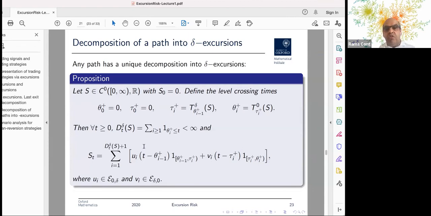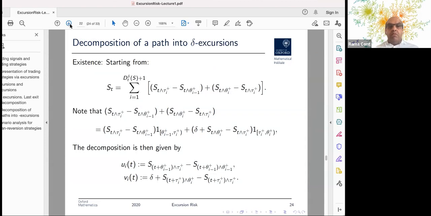So each term here is exactly one delta excursion. This decomposition says the number of delta excursions I need is D_delta plus 1, where D_delta is this counting process. And each of these delta excursions is defined in this way in terms of these hitting times. Okay, so this is the result. I'm going to show you where this comes from. The proof is fairly explicit.